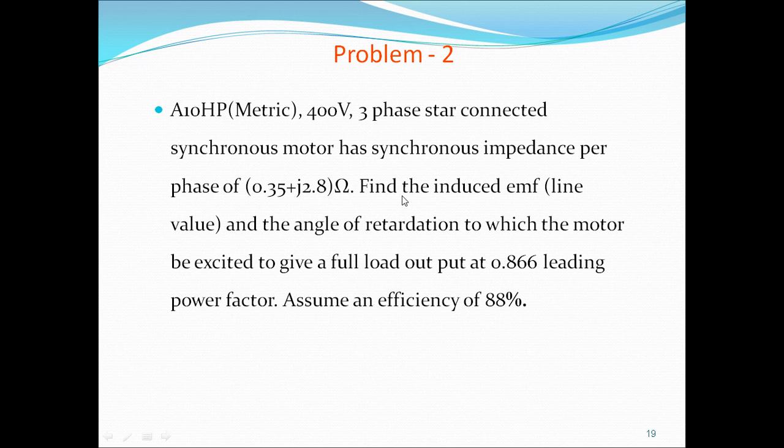So what he told us to calculate: find the induced EMF of line value and angle of retardation to which the motor is excited, at full load output of 0.866 leading power factor and efficiency is 88 percent.